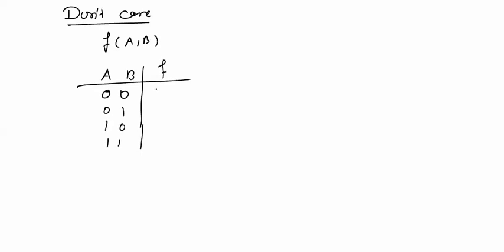The function f has value 1, 1, then 0, and then for example it has value 0, 1, and 0, cross.